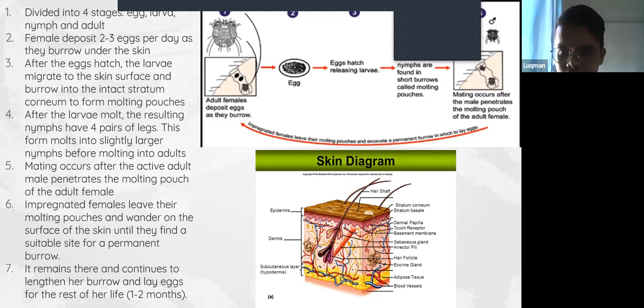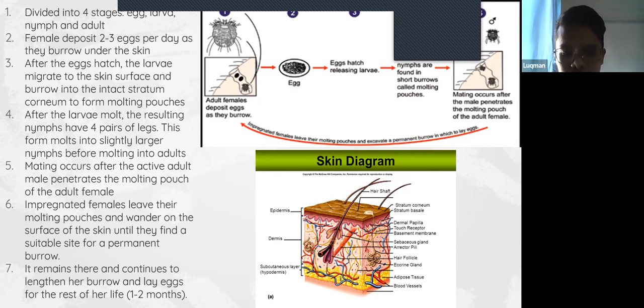The female adult Sarcoptes scabiei will wait for the male Sarcoptes scabiei to impregnate it. The impregnated female will leave the temporary home, the molting pouches, and make the permanent burrows, where she will live for the rest of her life, which is 1 to 2 months.